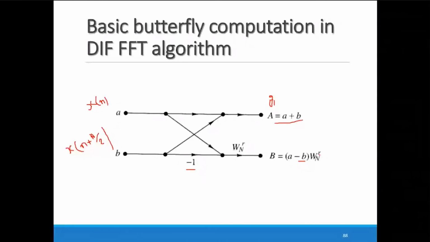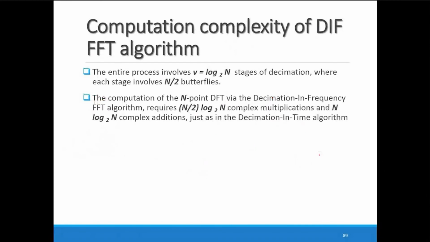Okay, so the computational complexity of the DIF FFT algorithm. The entire process involves v equal to log 2n stages of decimation, where each stage involves n by 2 butterflies. So a total of n by 2 butterflies are needed, and log 2n stages are there. The computation of the n-point DFT via the decimation in frequency FFT algorithm requires n by 2 log 2n complex multiplications and n log 2n complex additions, just as in the decimation in time algorithm.